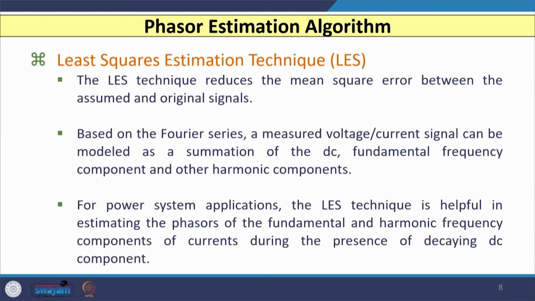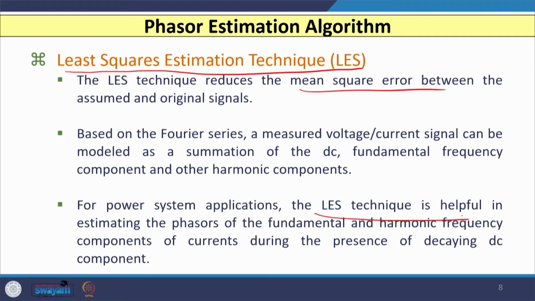Now, let us move to the next phasor estimation algorithm, which is known as least square estimation or LES algorithm. So, this LES technique reduces the mean square error value between the assumed value and the original values. So, when we consider DFT, that is discrete Fourier transform algorithm, and when we acquire samples of either voltage or current signals for the estimation of let us say DC term or fundamental term or any other higher order harmonics, then in that case when decaying DC component is present in the acquired signal, especially in case of fault, LES technique performs better.